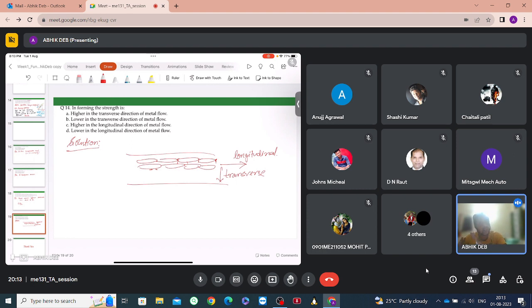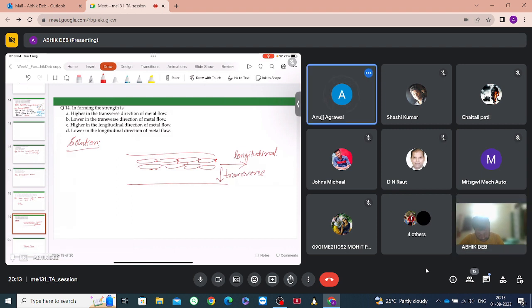The grain flow has a particular direction, and hence they get aligned in a very directional manner. That is why the longitudinal direction will have a much higher strength than the transverse direction. So option C is correct, and option B is also correct. It will be lower in the transverse direction also.